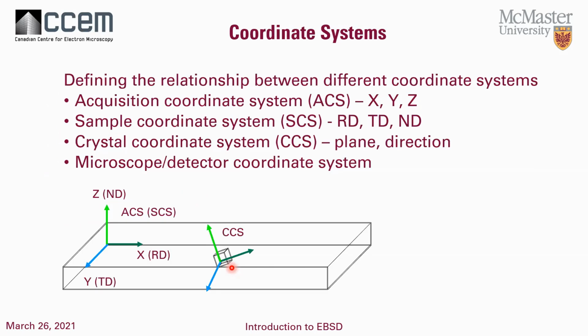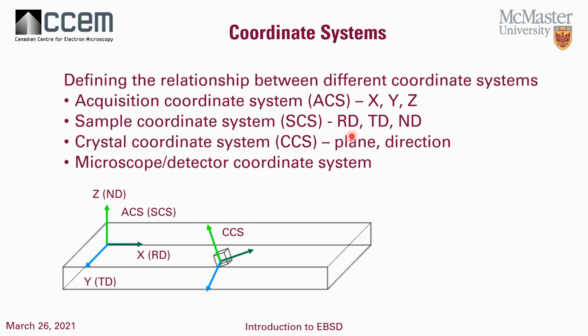Now, one of the things that's important when you're doing EBSD is quite often you want to relate the information you're gathering to the sample. So we're talking about things like where we're collecting from the X, Y, and Z planes of a surface.